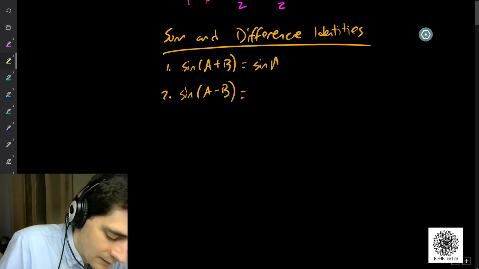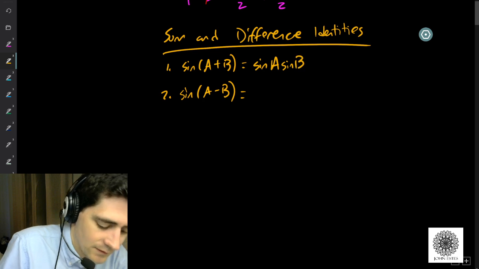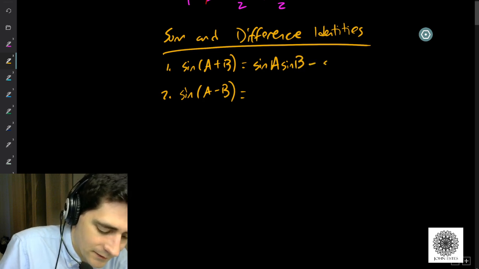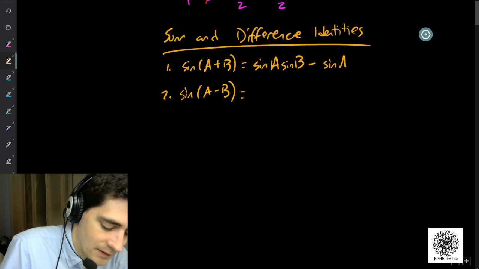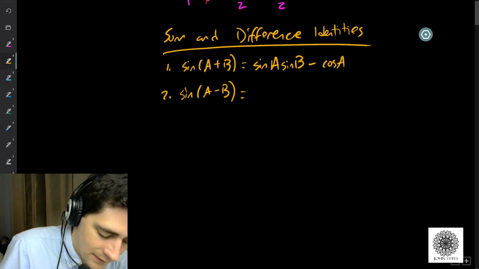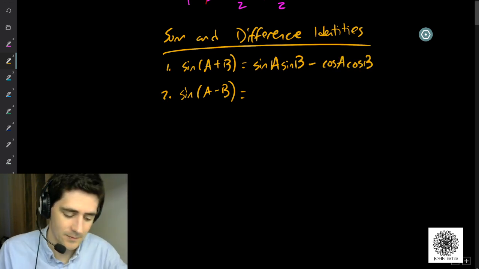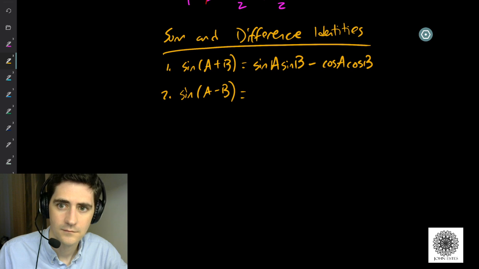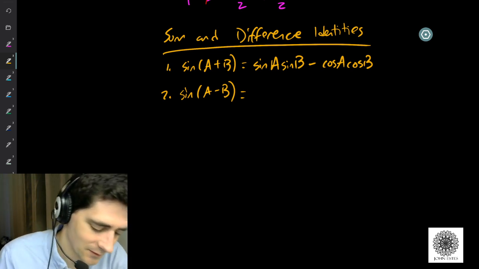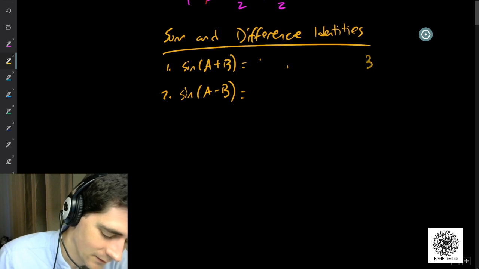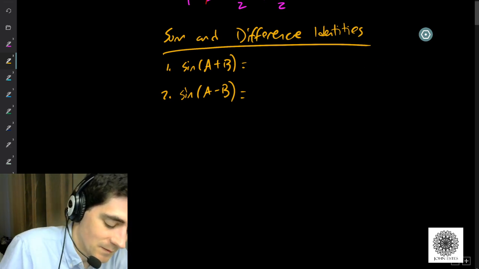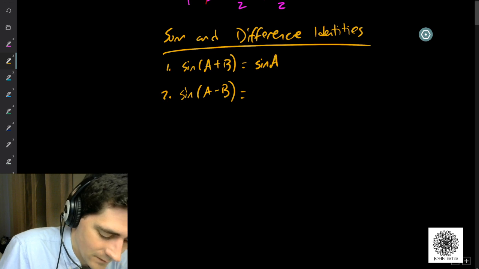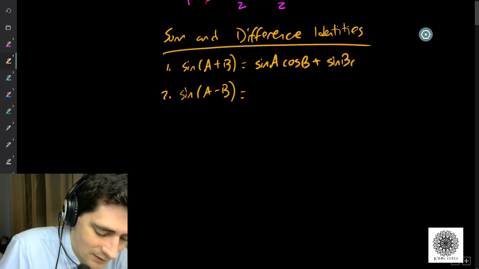Sine A, sine B, so that's multiplication, minus cosine A, cosine B. No, that's incorrect. Sorry, my coffee hasn't kicked in. Sine of A plus B is sine A cosine B plus sine B cosine A.